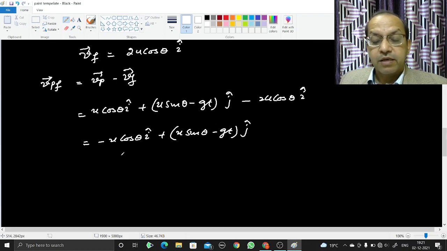If I change the value of t, this component does not change and this component changes. So both the magnitude and the direction of the velocity are changing.